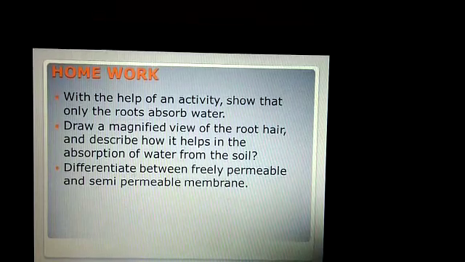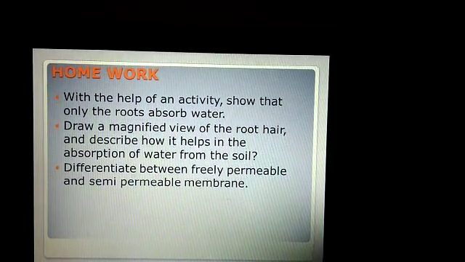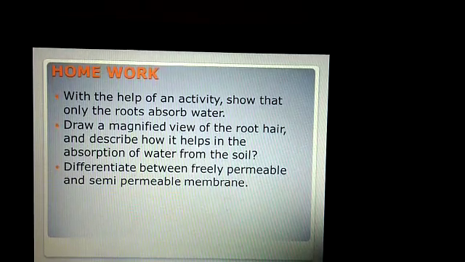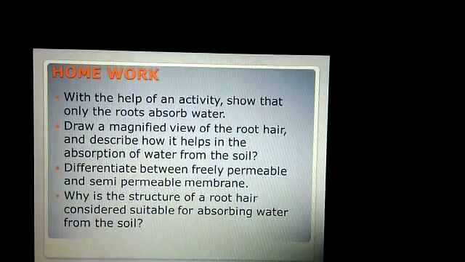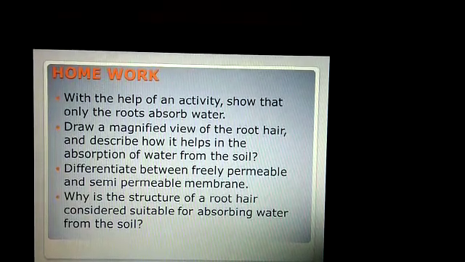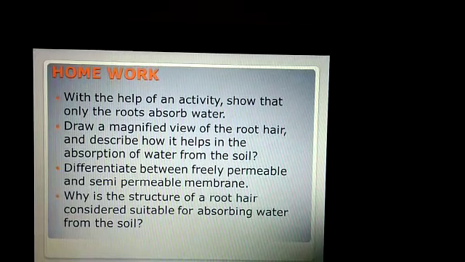Next question. Differentiate between freely permeable and semi-permeable membrane. Next question. Why is the structure of a root hair considered suitable for absorbing water from the soil? Write these answers in your biology notebook.